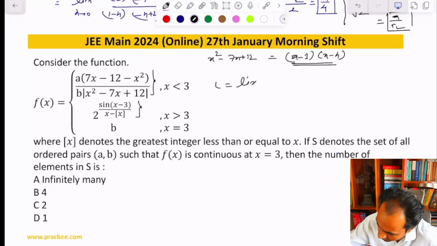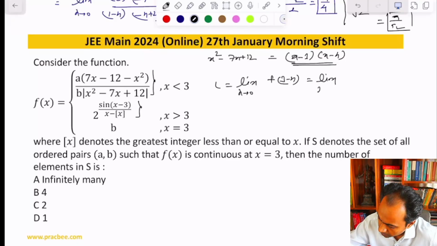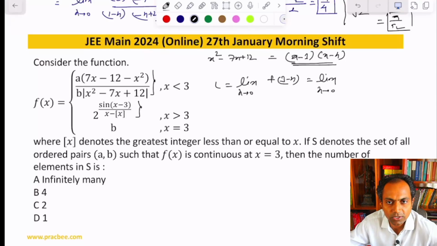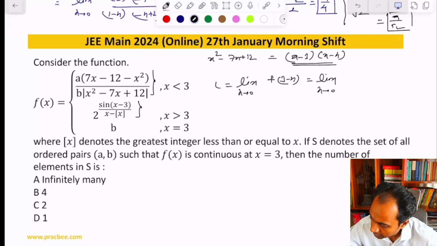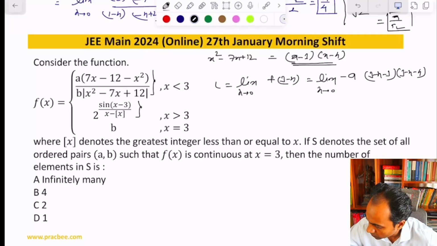So once we are writing LHL, limit h tends to 0, f of 3 minus h would come. That would be interpreted as limit h tends to 0, 3 minus h. Now here, this is written as a into minus, we can take common. And here, if I put 3 minus h, that would become 3 minus h minus 3 and 3 minus h minus 4.